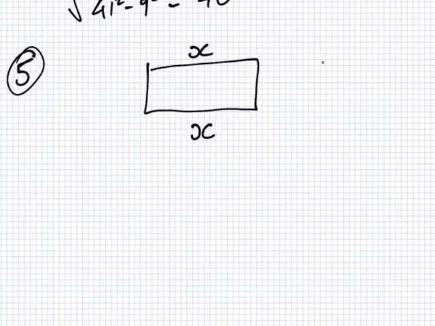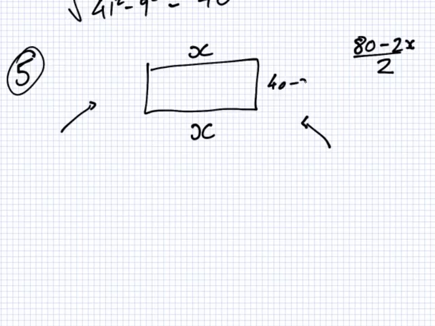So how much does she have left? She has 80 minus 2x. But that must go on this side, and this side, and it must be equal. So divide that by 2, and these sides must be 40 minus x. Which means the area must be x times 40 minus x.